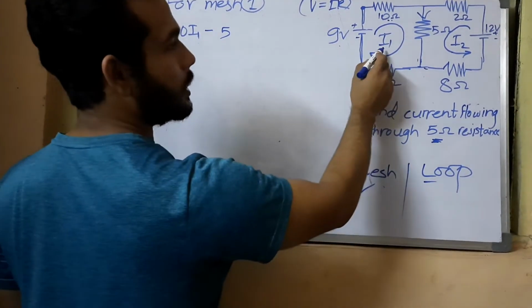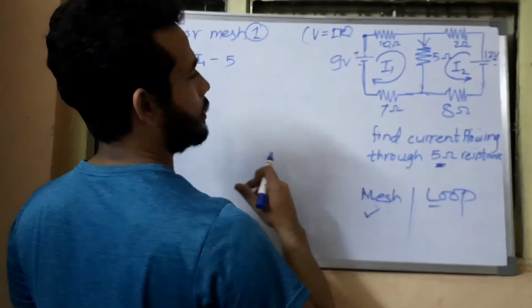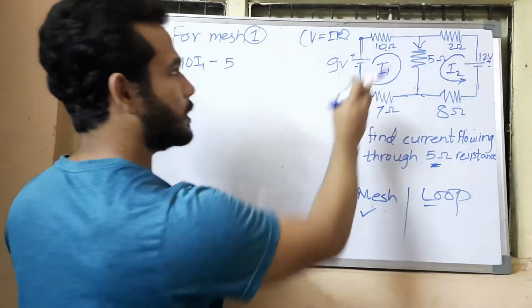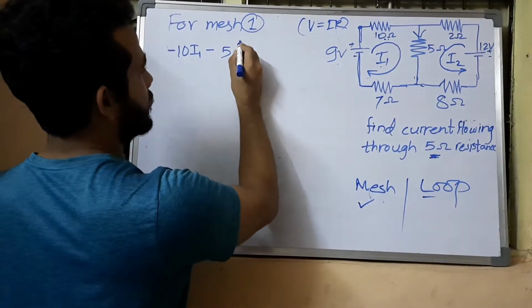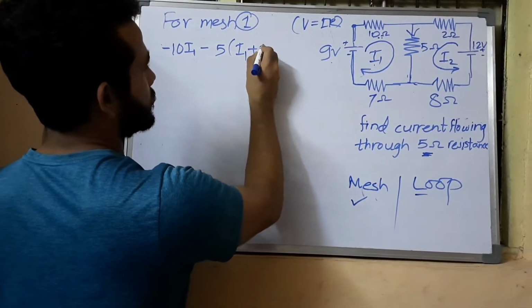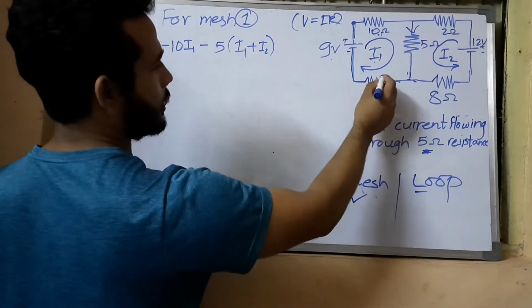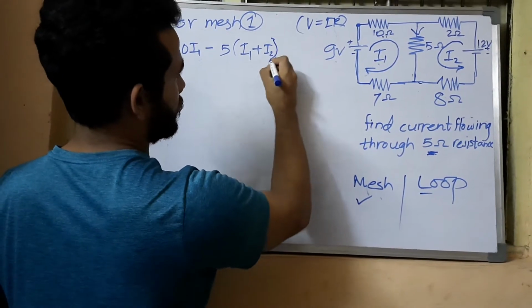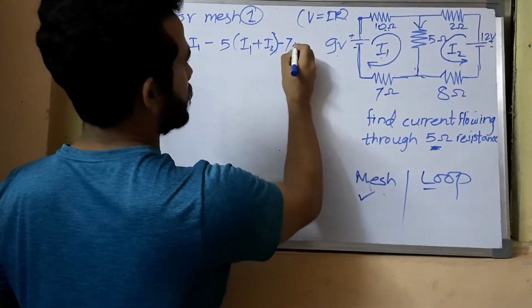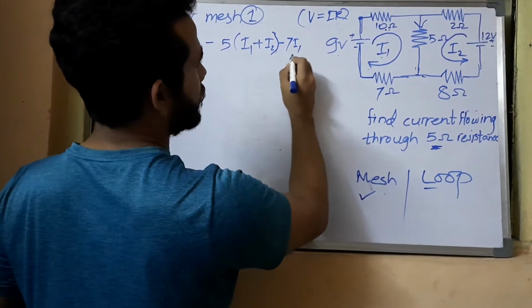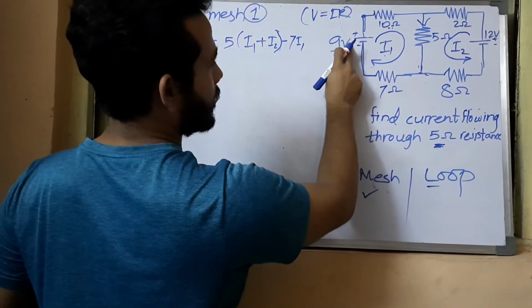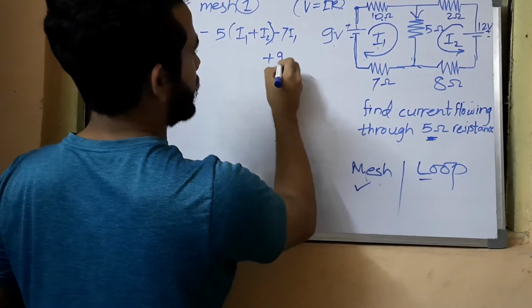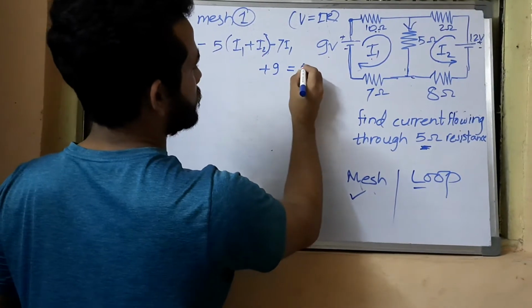We are tracing with I1, so I will write I1 plus I2, then minus 7 I1, then there will be voltage gain, plus 9 is equal to 0.